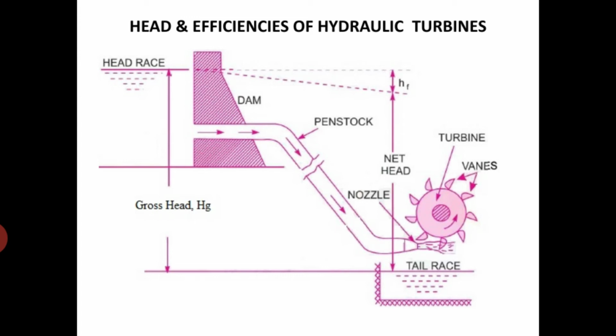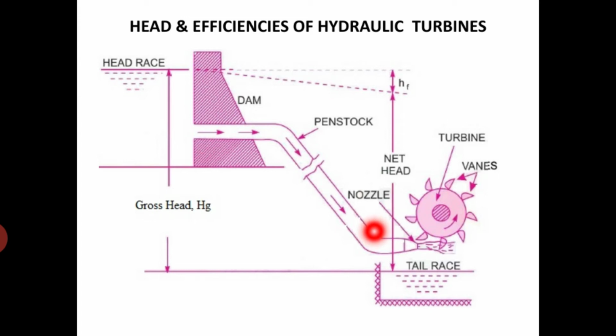And the net head, what do you mean by net head? The head available at the inlet of the turbine is known as the net head, and it is obtained by subtracting the losses from the gross head.